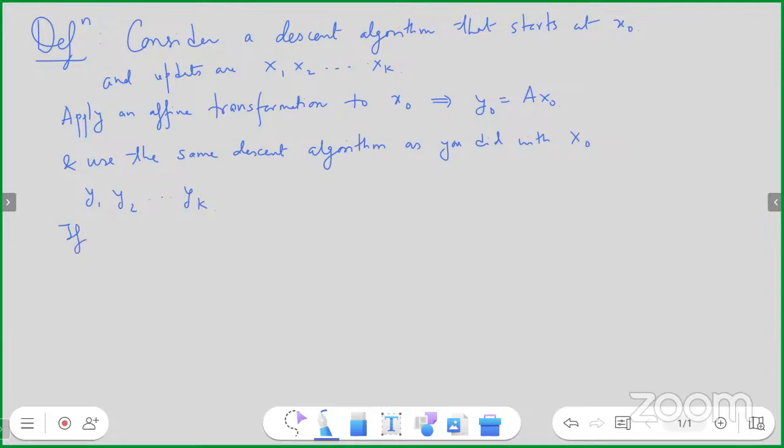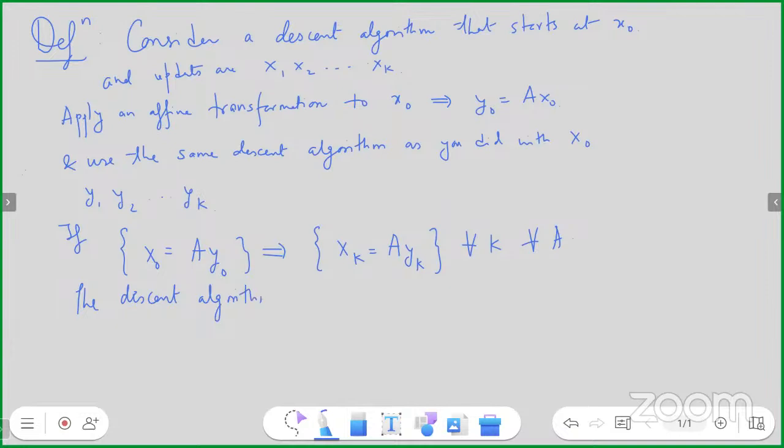If this holds for all A, the descent algorithm is called affine invariant.